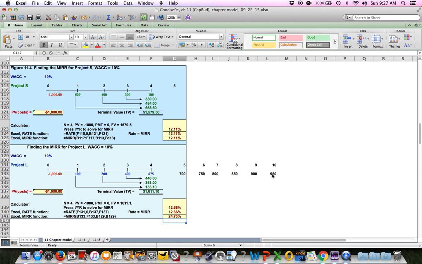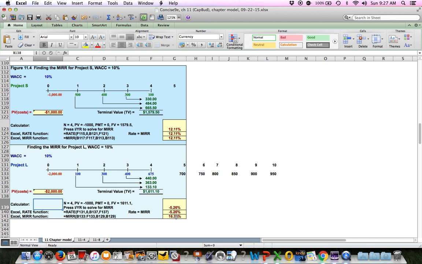And my MIRR is now 24.73. Or if I had a higher initial cost, let's say 2,000 again, like I've been using, it would drop down then to 1638. The other ones are different now because I haven't played with those. So that's how you can use the MIRR formula in Aplia.